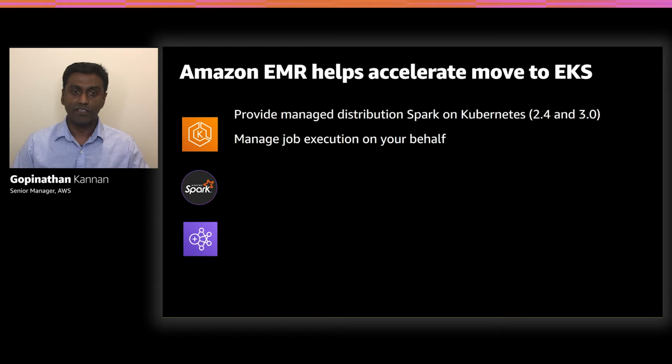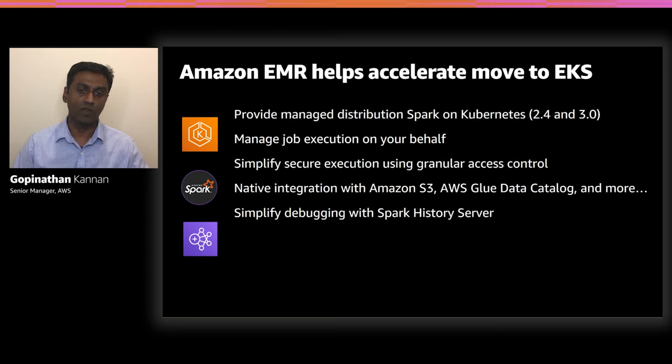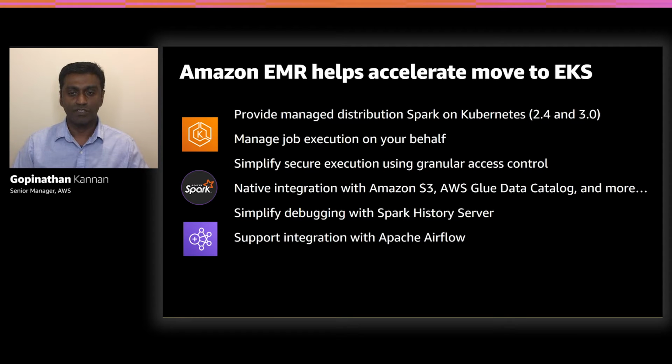It will help you manage the job lifecycle and help you build jobs that are secure, complying with the principles of least privilege. It will help you build jobs faster through its native integration with AWS data and analytics services, and build jobs that are of production quality with easy debugging capabilities. And finally, help you move to production through integration with orchestration services like Apache Airflow.